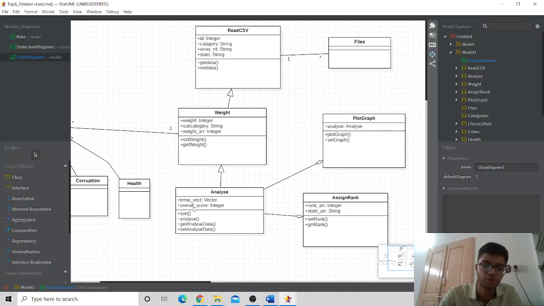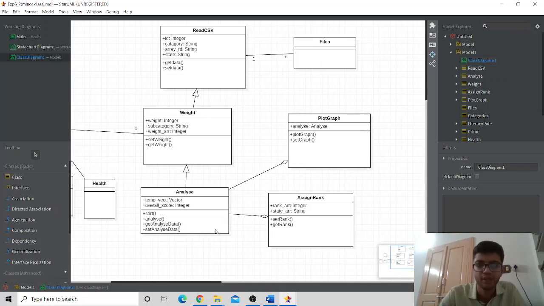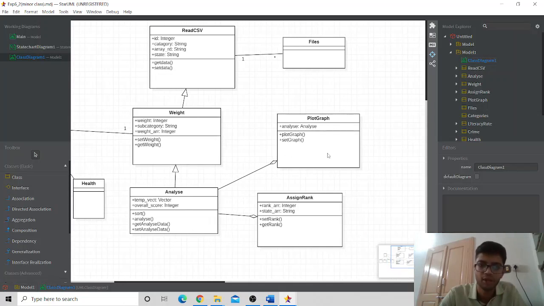And we created one more overall score array, we can say, of the integer type. And in the analyze class we put functions like sorting, analyze, get analyze data, set analyze data. Okay. And here is one plot graph class which is used to draw the graph of the final score versus the state.